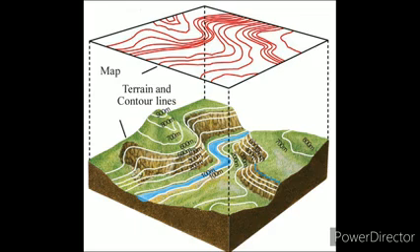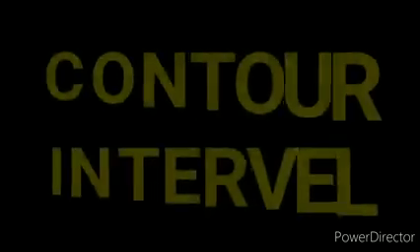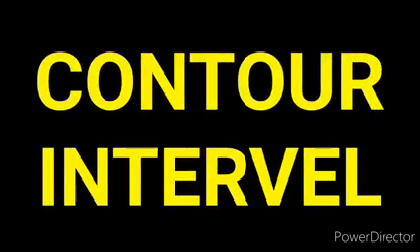Look at the next figure given there and read the contour values: 100, 200, 300, 400, 600, 500, etc. And this difference between the value of the two adjacent contours is called contour interval. In the given figure, the contour interval is 100.